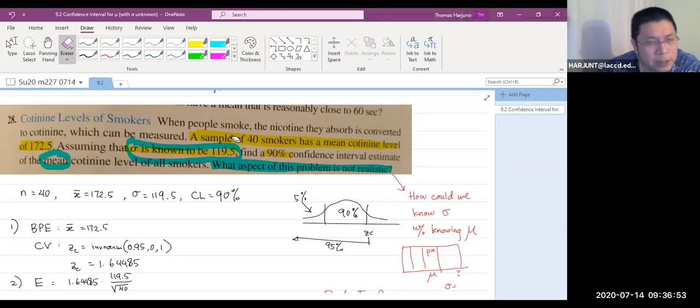Even if they differ, they don't differ that much, such that the number we use here will be quite reliable. So even though they say this is not realistic, in reality they are still very close. What they call not realistic in practice is something we still can do.